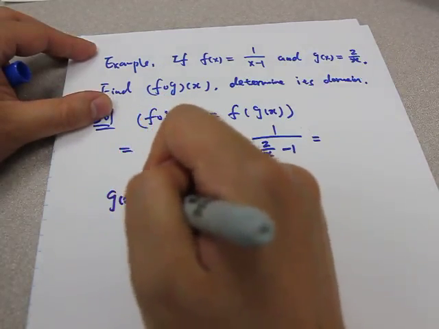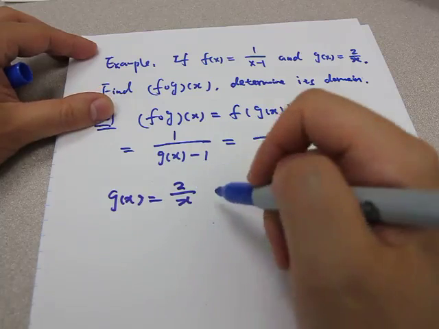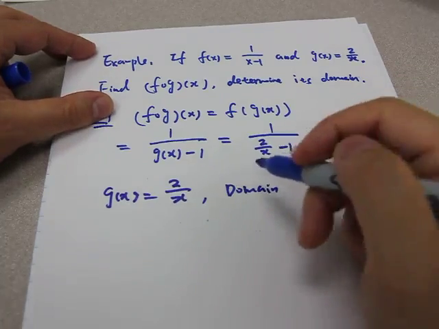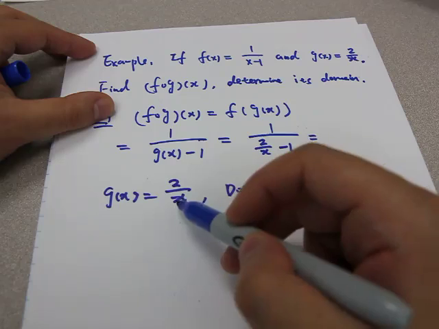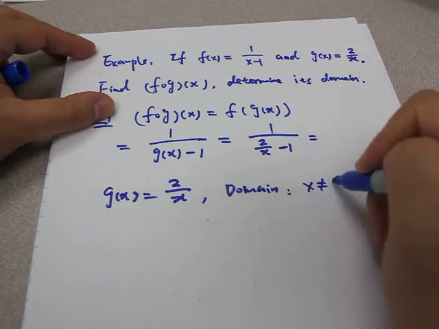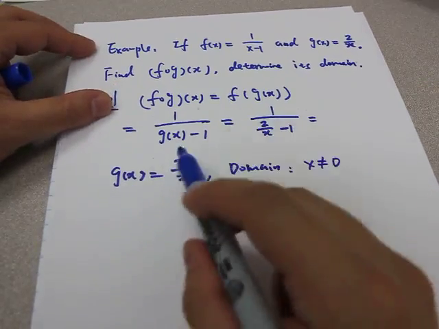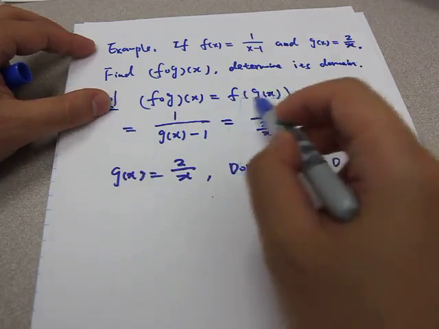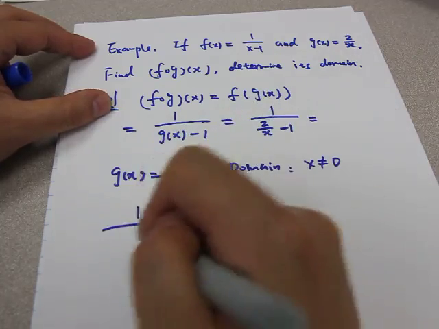Because g(x) is equal to 2 over x, the domain of g(x) will be anything except 0. So the domain is every number except 0. And then once we use g(x) as an input, this function becomes 1 over (2 over x) minus 1.